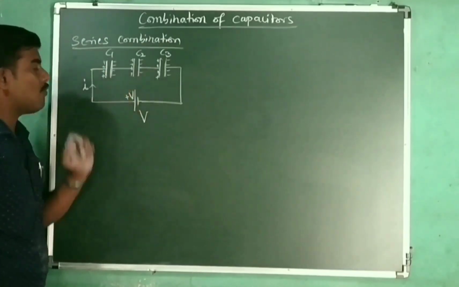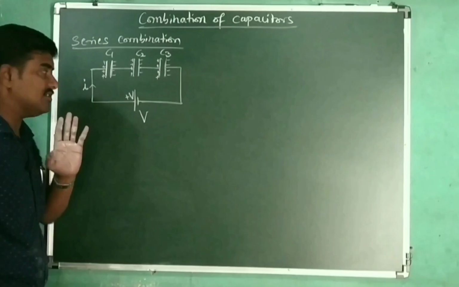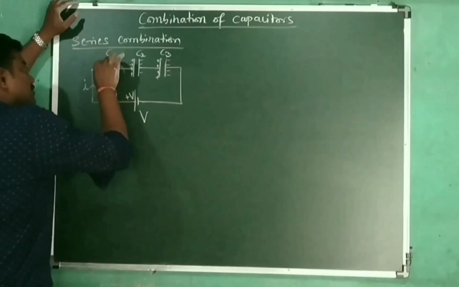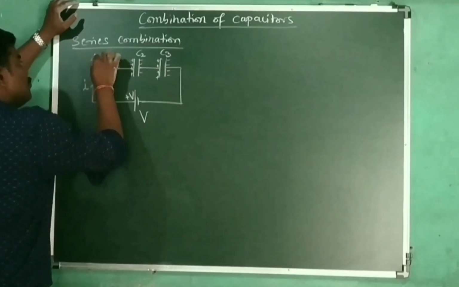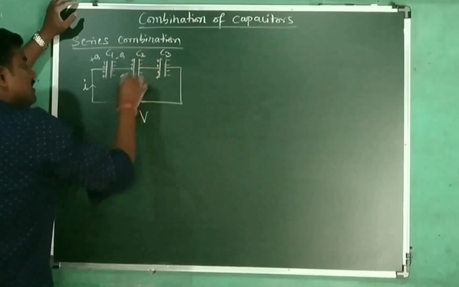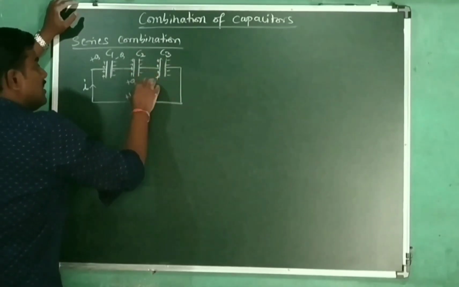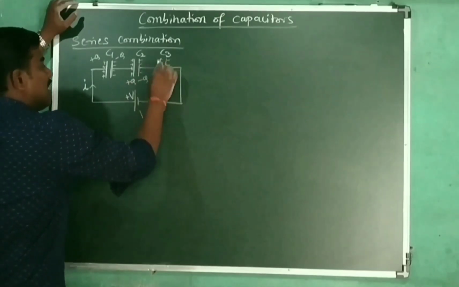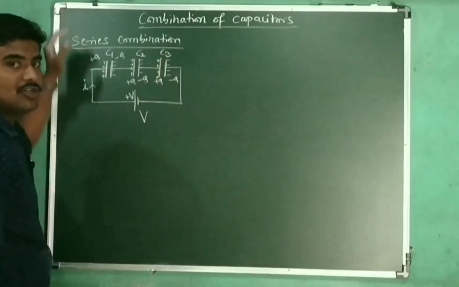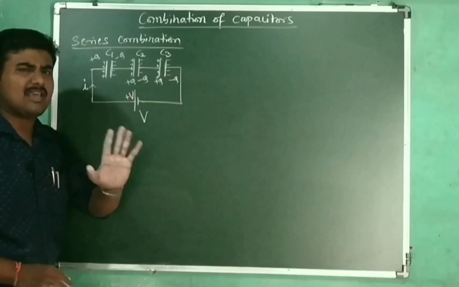So each capacitor is having the same number of charges. If I consider the first plate of C1 as positive Q, then the second plate is negative Q, and the second capacitor's first plate plus Q and second plate negative Q, and the first plate of the third capacitor plus Q and minus Q. This is how charges are located. It means all the capacitor plates are having the same charge.